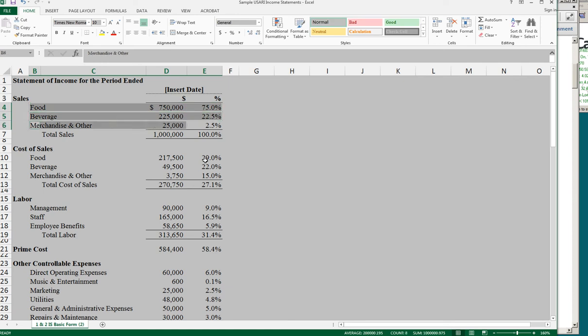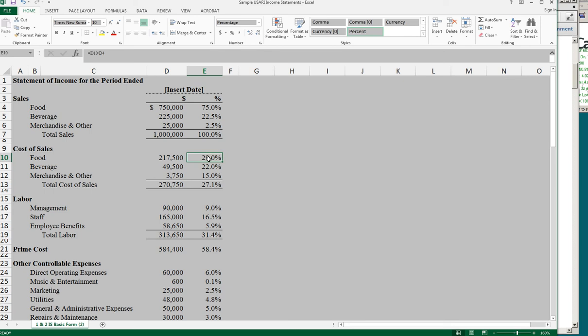Okay, so notice that this 29% is cost of food as a percentage of food sales, right? This beverage cost percentage is beverage cost as a percentage of beverage sales, and this merchandise and other cost of sales is a percentage of merchandise and other sales.